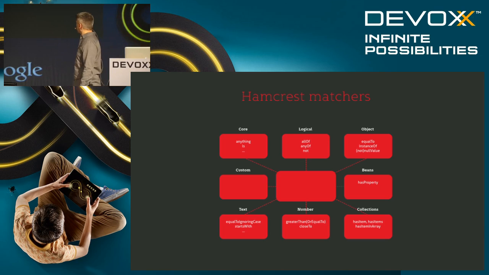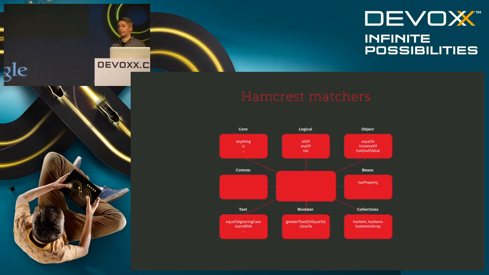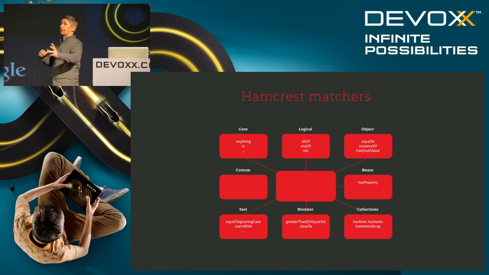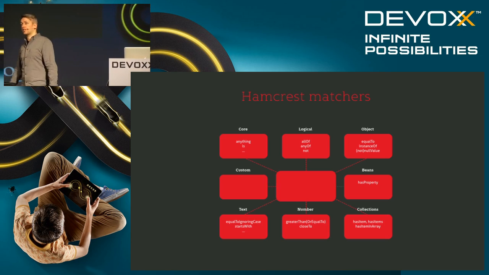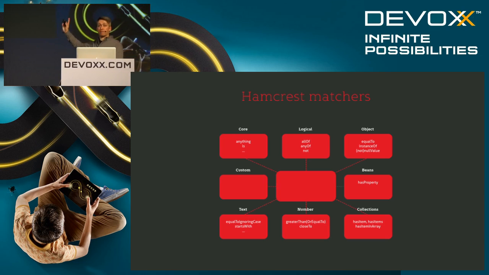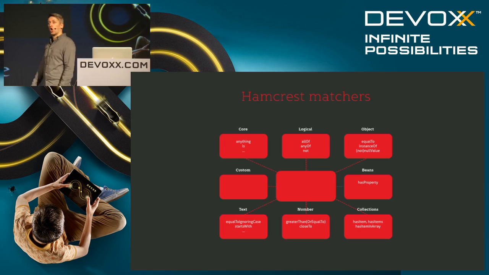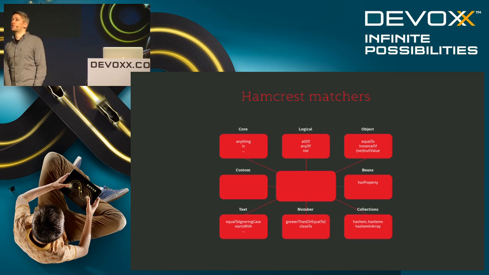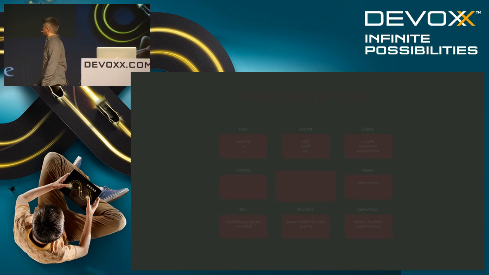I have an example a little later on. You can also match on objects. Very handy. If you have a collection, you can see if a certain item or a certain group of items belongs to a collection and so on. And if these are not all what you want, you can also quite easily write a custom matcher.